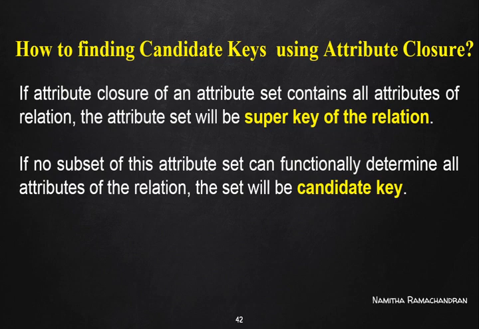You are given a set of attributes, and using that set, you can identify uniquely each and every entity of your given relation. Then that set of attributes forms a super key.